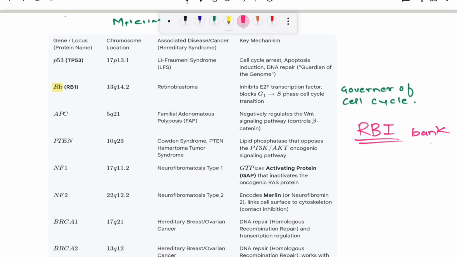The first one is that the governor for money, who signs on the currency bill, is 26. You can divide it by 2 and the number comes out to be 13. So easily you can remember 13q is the location, as p is for policeman, so q is for RB. So 13q is the chromosomal location.